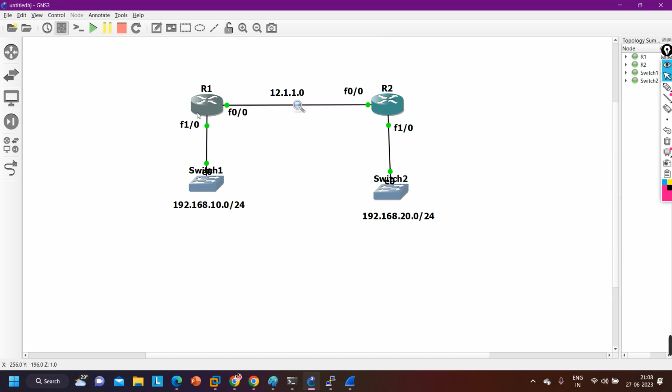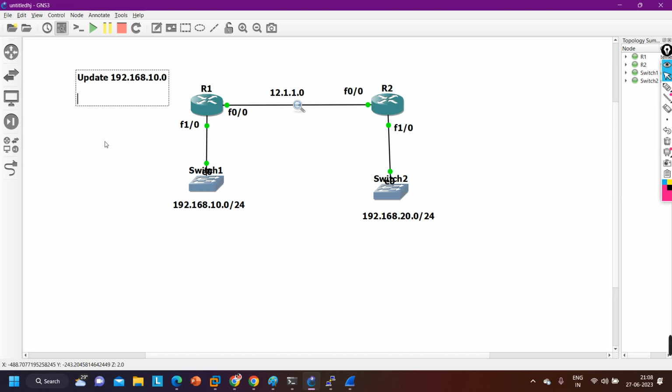Okay, so when we enabled RIP on router number 1, what did router 1 do? It generated one update message. In the update message it includes which network? 192.168.10.0 network.